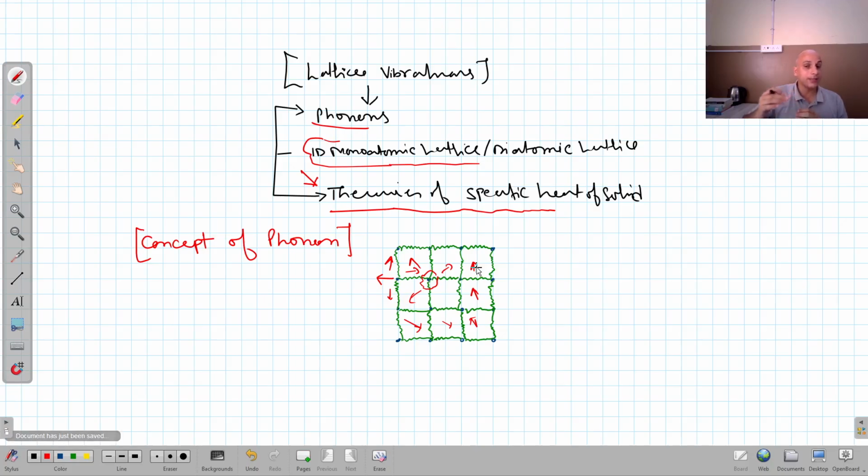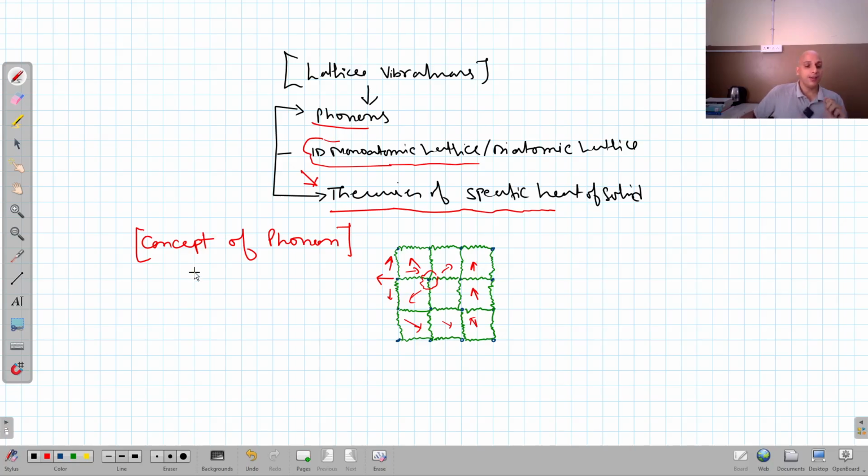And these lattice vibrations can occur because of internal dynamics and external dynamics. Both cases are there, right? Internally they can be excited, but they can also be excited by external means like applying pressure, raising the temperature, or using electromagnetic radiation for excitation. So in this way, we can say that lattice vibration can be created inside the crystal lattice.